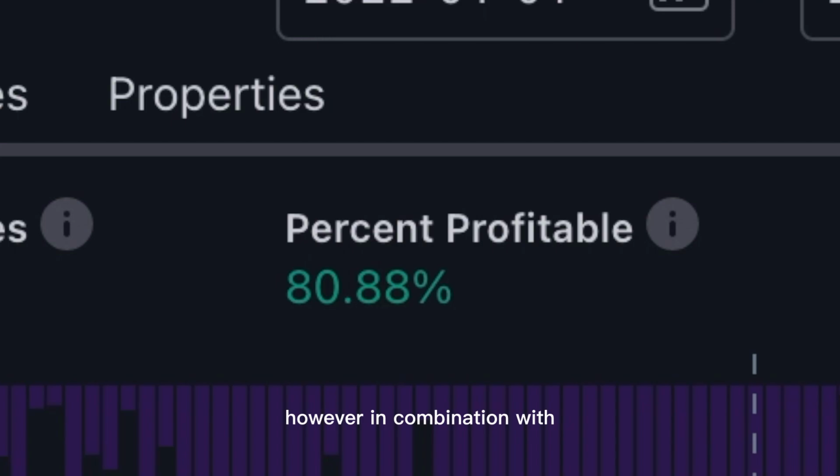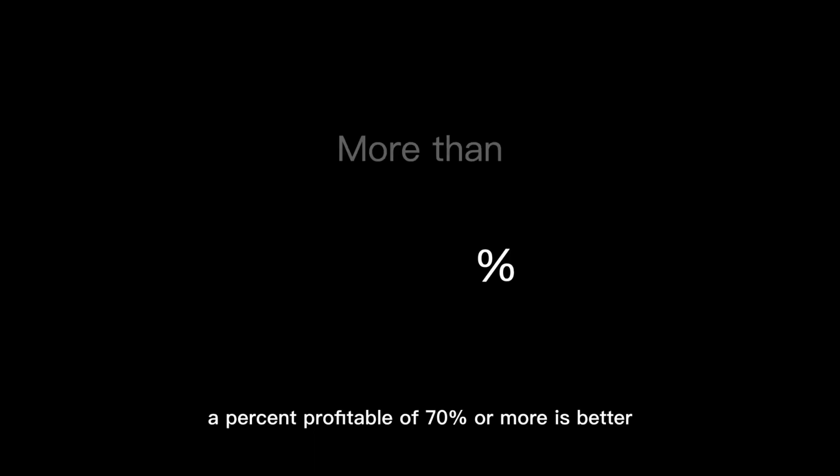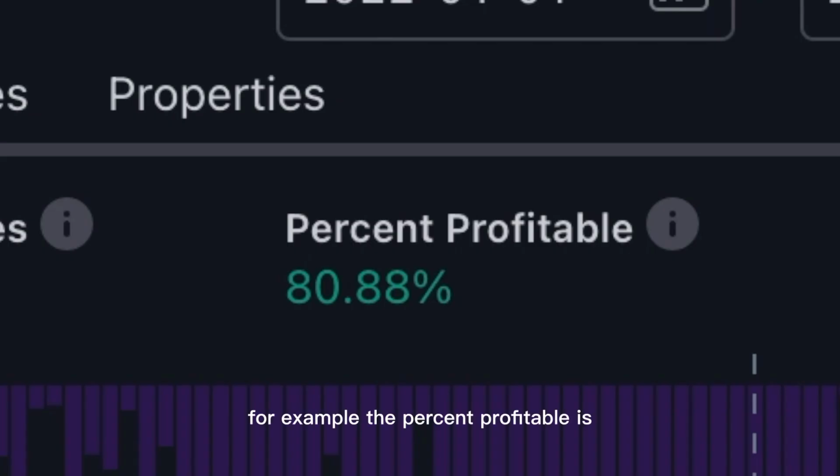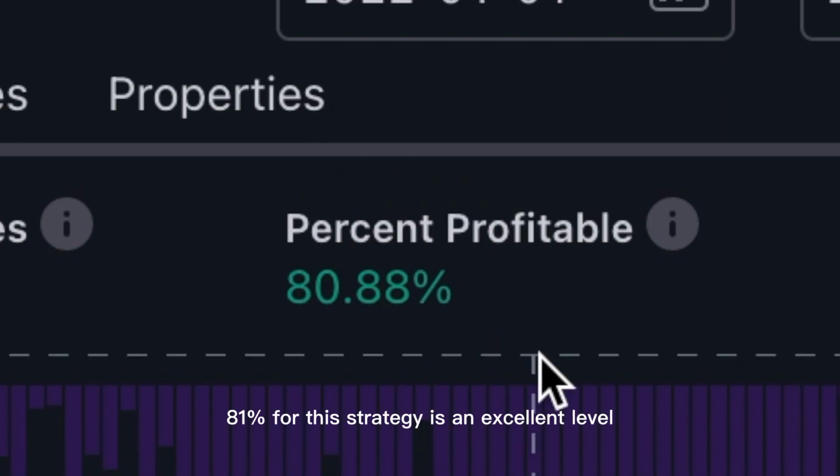However, in combination with the reality, a strategy with a low percent profitable is also highly likely to trigger anxiety in the user running the strategy. Generally speaking, a percent profitable of 70% or more is better. For example, the percent profitable of 81% for this strategy is an excellent level.